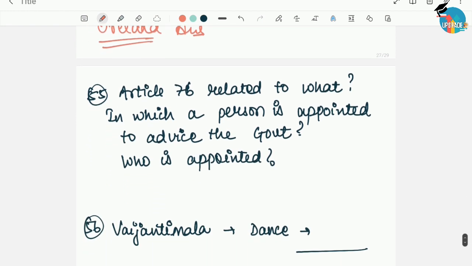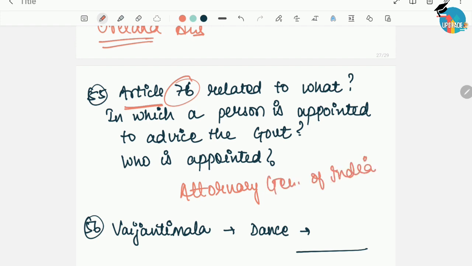Next question is Article 76 related to what? Or that in which a person is appointed to advise the government. It is the Attorney General of India. Attorney General of India, according to Article 76, is appointed by the government and can give advice to the government.